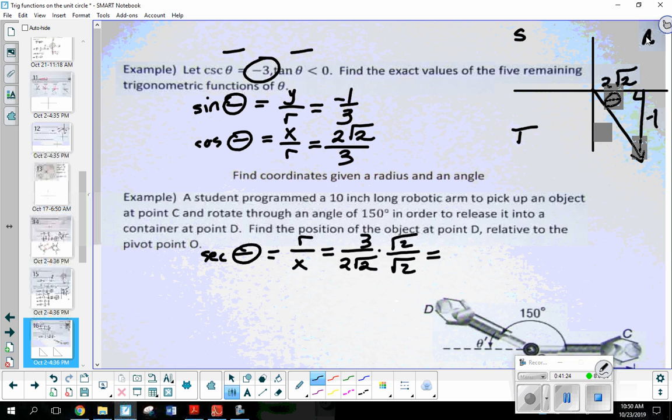Anybody tell me what my final should be? Okay. Ooh, negative? Remember, in the fourth quadrant, secant's going to be positive. I'm getting 3 square root of 2 over 4. There we go. And then all we'd have to do is find tangent and cotangent.